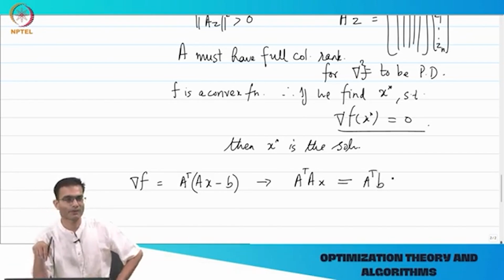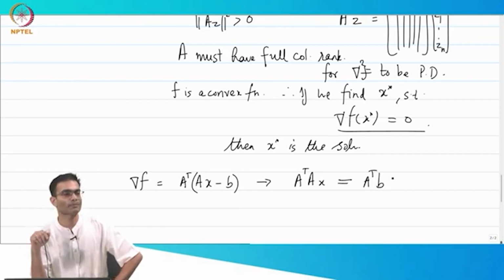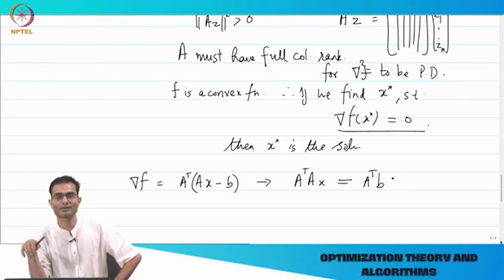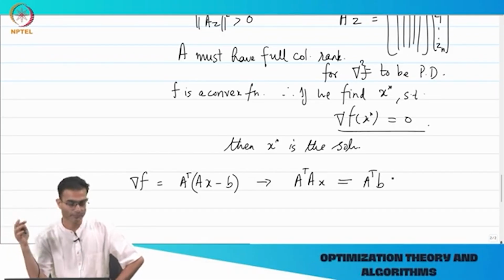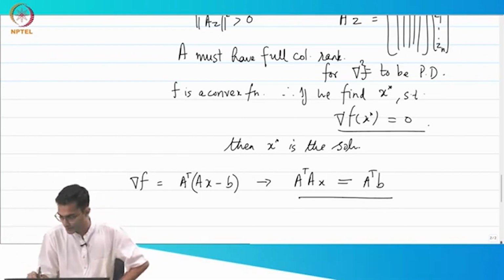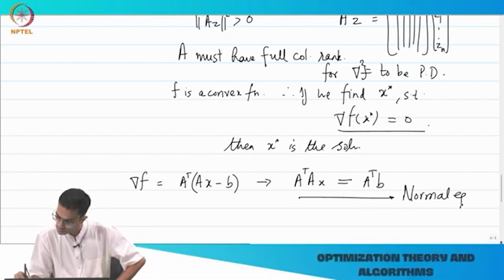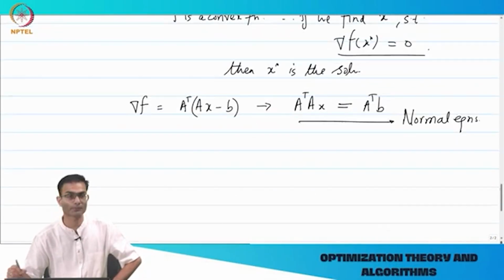We have seen this kind of equation before, and we have made one comment about this saying that this has bad condition number because there's an A transpose into A. If A has condition number kappa, A transpose A has condition number kappa squared. Okay. These equations are also called the normal equations. Don't ask me why they're called normal. I don't know what is normal about them, but they're called normal equations in the literature.